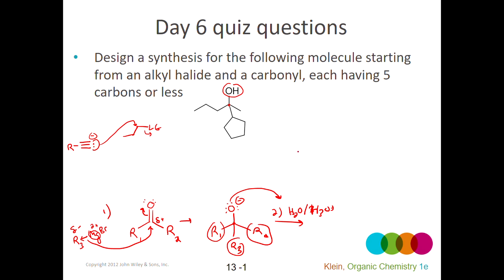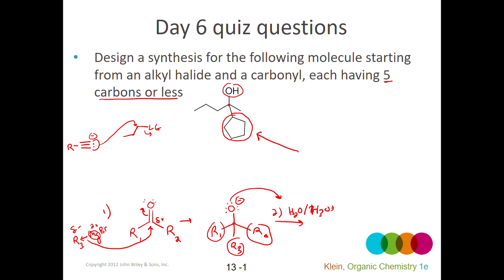So if I'm trying to make this product, I probably want to take off the largest one, as that breaks the molecule into similarly sized pieces. They're probably both relatively economical to purchase and work with. It doesn't really matter too much. In this particular question, though, I am required to start with reactants that have 5 carbons or less.